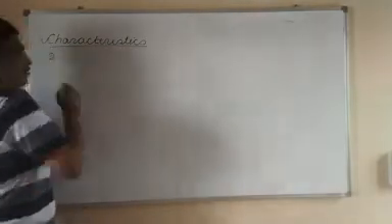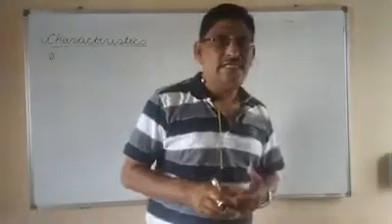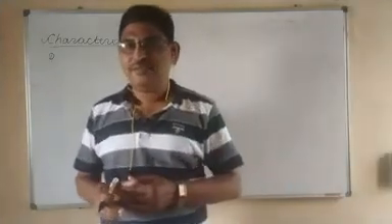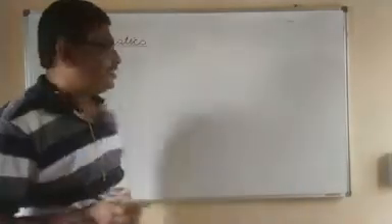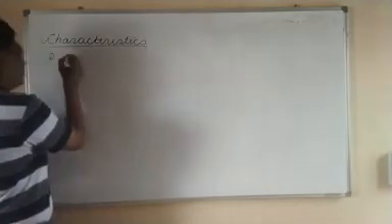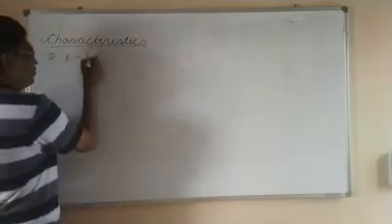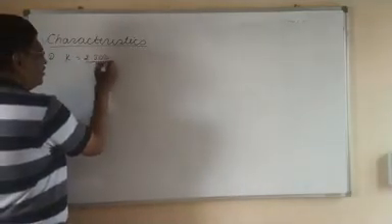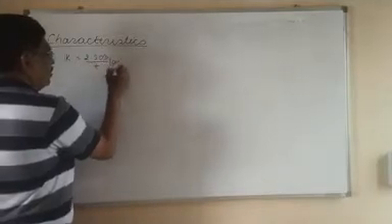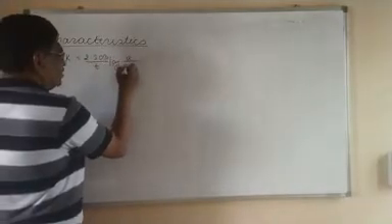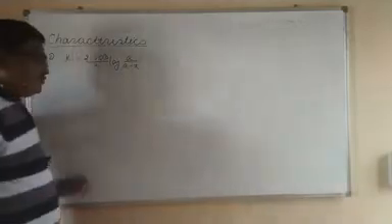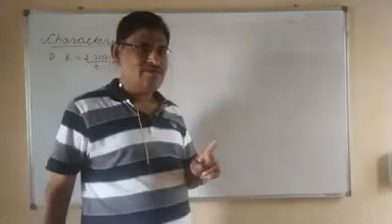First one: if a given reaction is first order, then it must obey the equation of first order, that is K is equal to 2.303 over t log of a over a minus x. If a given reaction is first order, then it must obey this equation.